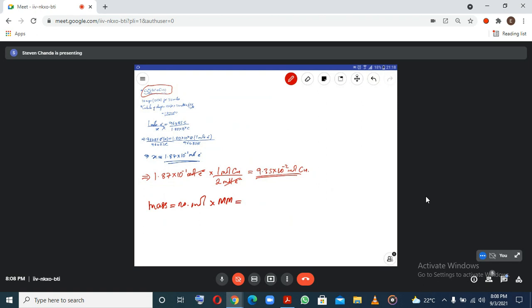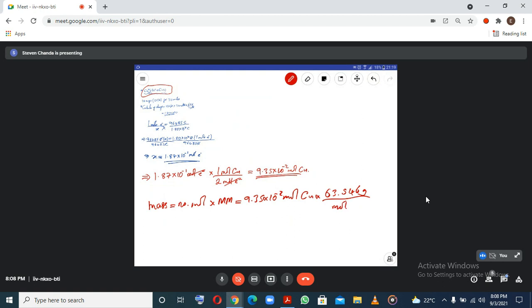So the number of moles we have, and then the atomic mass of course, per mole of copper.